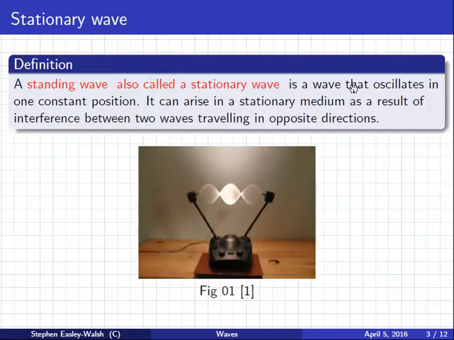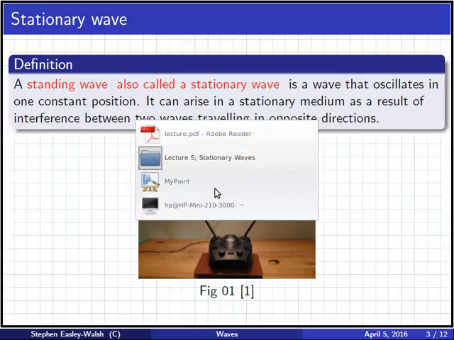I'll draw it here. So what you have here is a stationary wave. This string is vibrating. But when the wave moves to the right and hits the end of the string and moves left, the timing is so that the wave doesn't appear to move, but instead appears to move in a sort of up-down position like this with my hand.